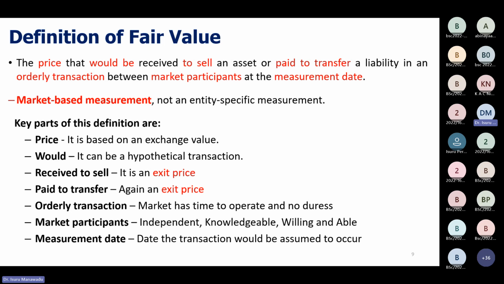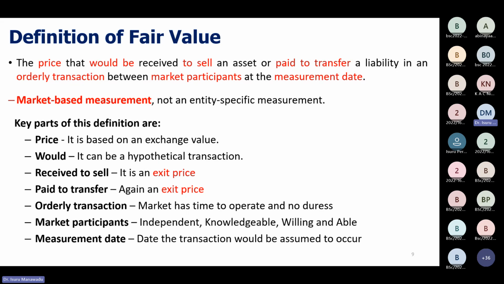Right? Then orderly transaction. What do you mean by orderly? Orderly in the sense there is no pressure from any other groups. Normal advertising campaign. What is the price? That is the price. So there is a normal something, no?